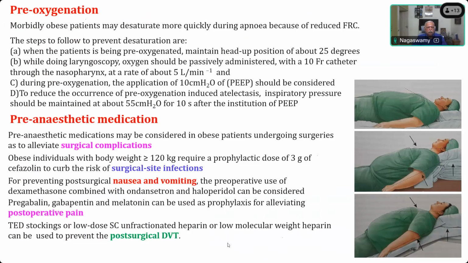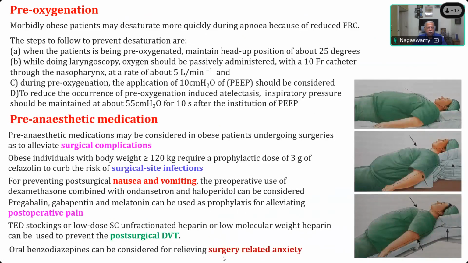And lastly, very cautious use of benzodiazepine. As she mentioned, you can give that provided they don't have OSA. In other patients, you can safely give them oral alprazolam or midazolam for surgery-related anxiety. That is also a pre-anesthetic medication.